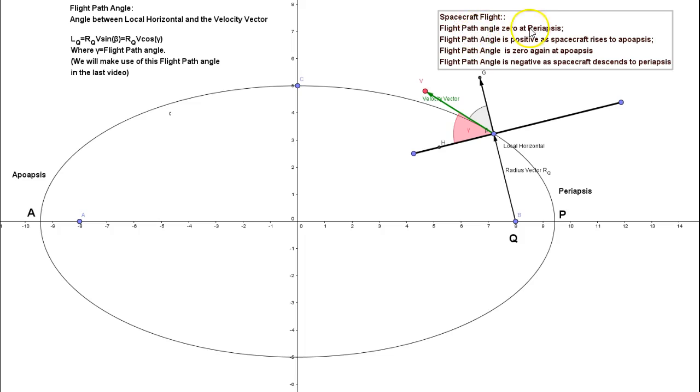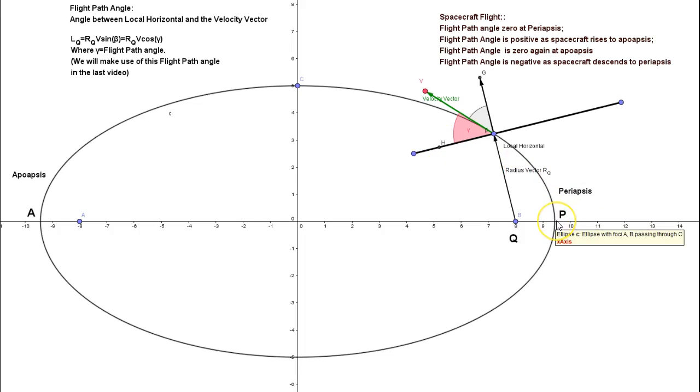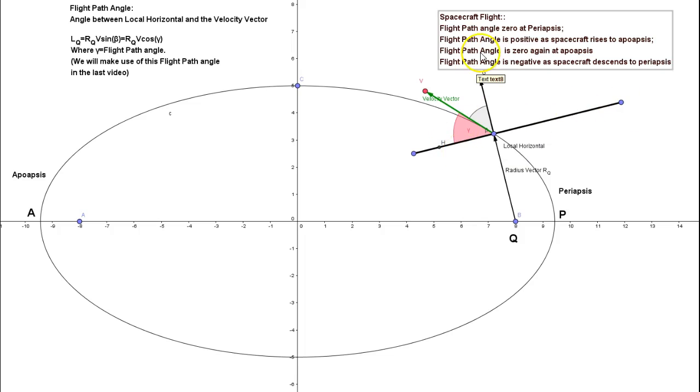What I want you to understand here is what I said previously: the flight path angle is 0 at periapsis. That means the angle between the velocity and the local horizontal is 0. As the spacecraft rises to apoapsis, you can see the velocity vector is above the local horizon, and our flight path angle is positive.